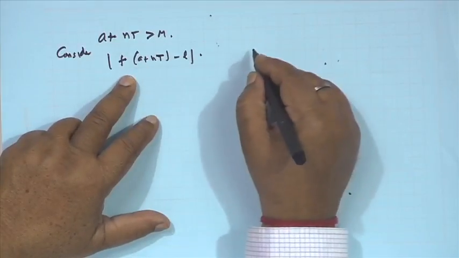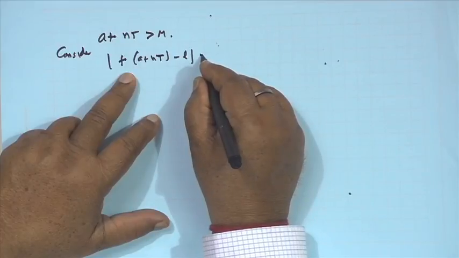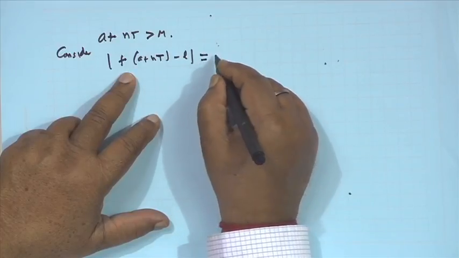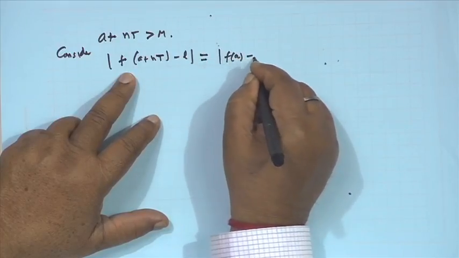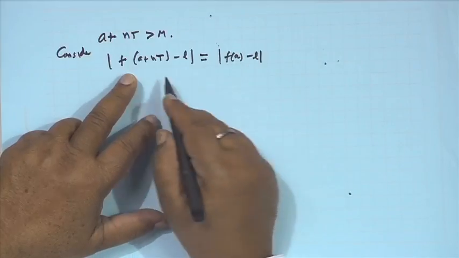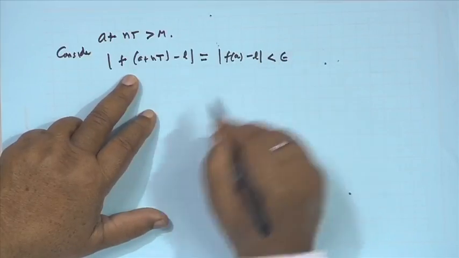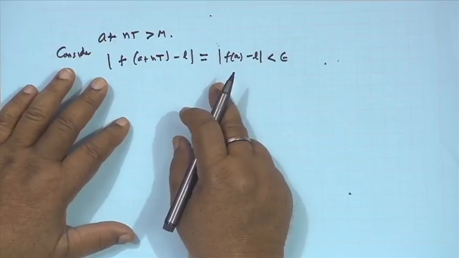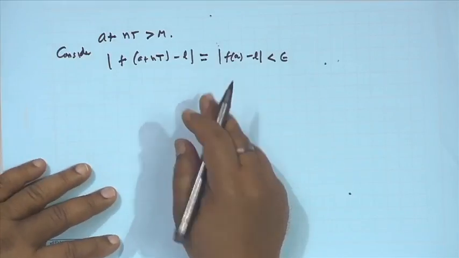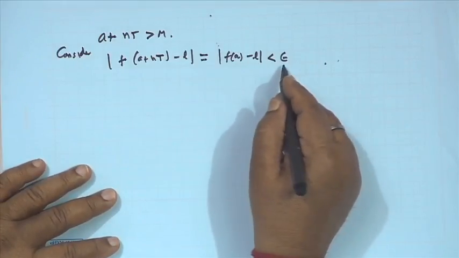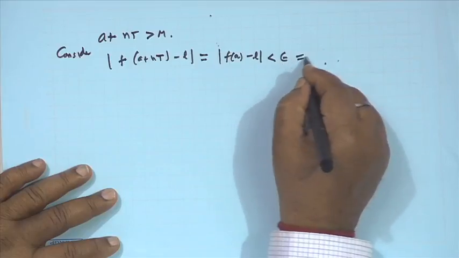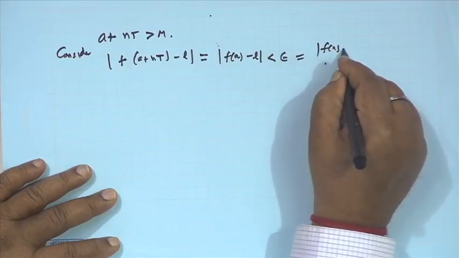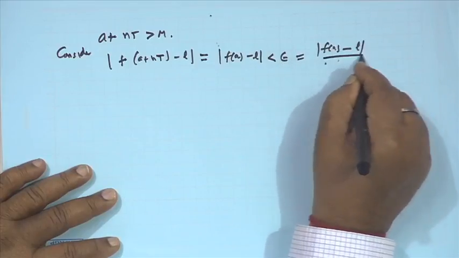Since the function f is a periodic function, this is the same as |f(a) − L|, and this part is less than epsilon. So we get from here |f(a) − L| is less than epsilon, but epsilon is |f(a) − L| by 2.